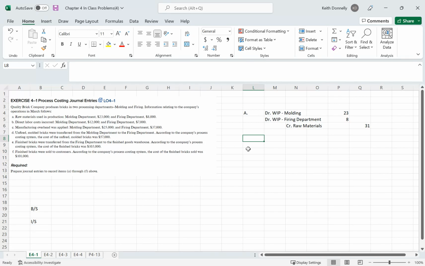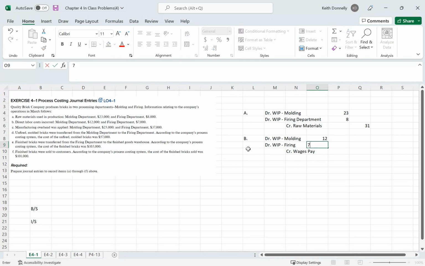B says direct labor costs in the molding department were 12,000, and in the firing department were 7,000. So again for B, it's going to be a similar entry. We're going to debit the WIP for the molding department, debit the WIP for the firing department, credit wages payable.